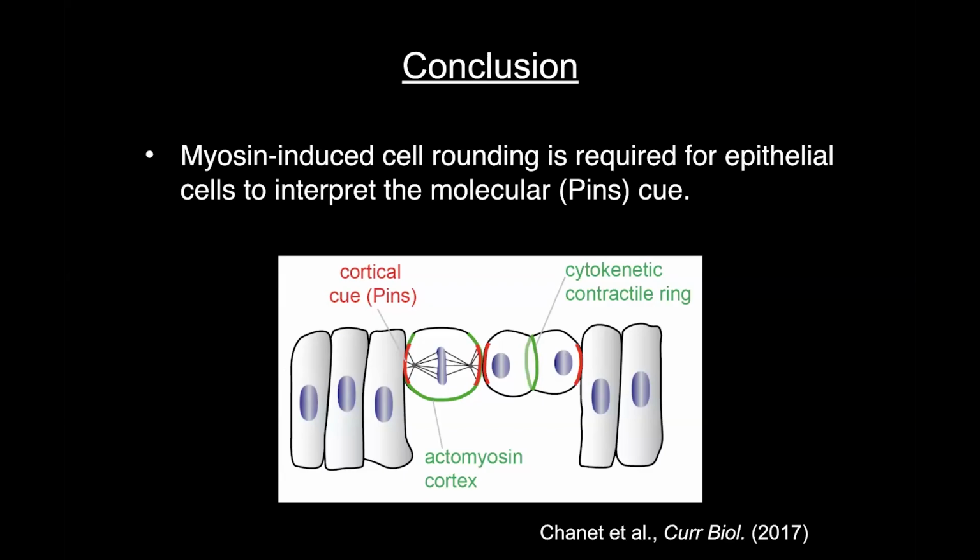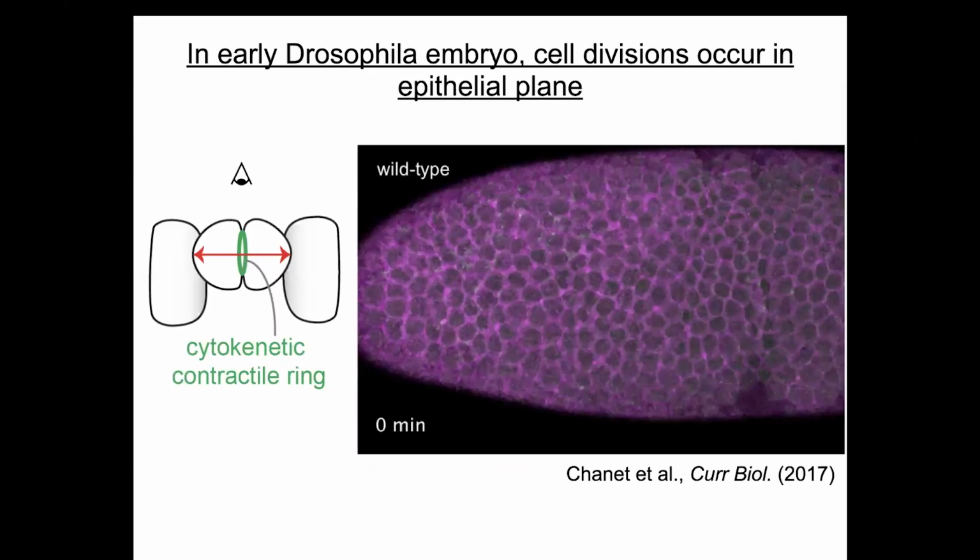Okay, so I'll show you the mitotic domains here. So normally in Drosophila gastrulation, when cells divide, they divide in the plane of the epithelium. So this is 3 cells. The plane of the epithelium would be going this way, and the cells divide within this plane here. You'll see the mitotic cells round up right here.